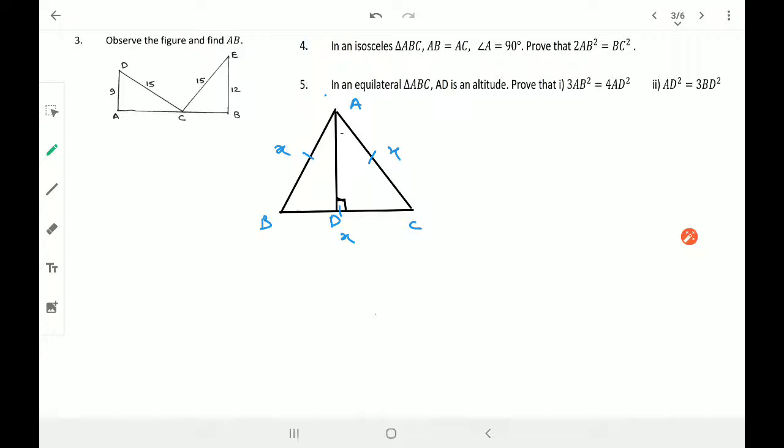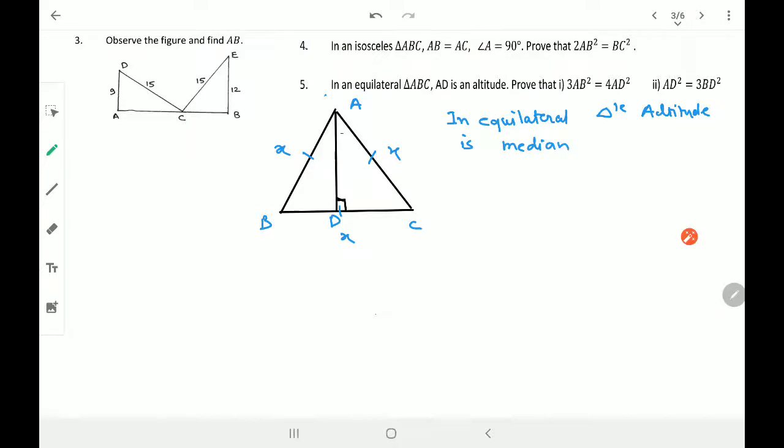Okay, so always remember this. Only in equilateral triangle, and of course in some cases of isosceles triangle also it is true, but that time we will discuss whenever we get that. But right now consider in equilateral triangle, altitude is median.